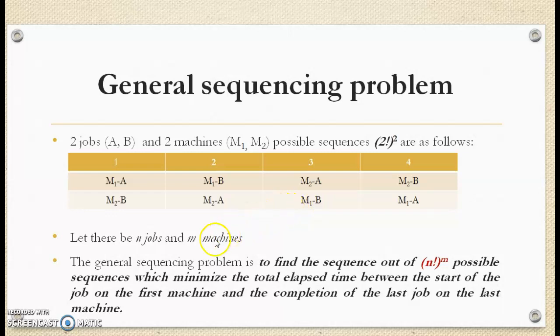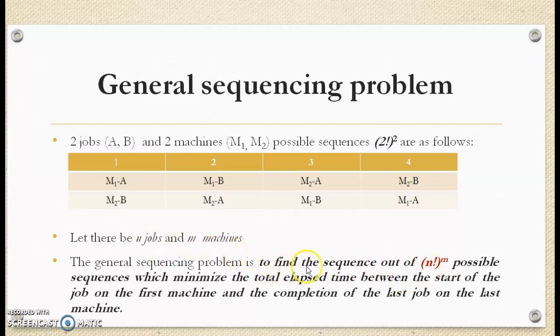So if we generalize this sequencing problem to determine how many sequences are possible, suppose there are n jobs and m machines.